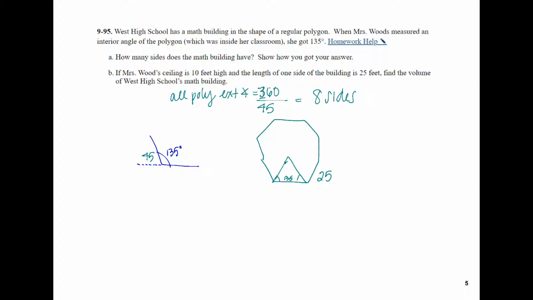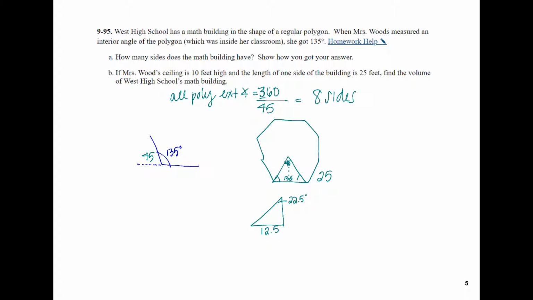So my central angle is 45. We can divide 45 by 2, which gives us, if we're looking at this smaller triangle, an angle of 22.5 degrees. Half of 25 is 12.5 for the base.